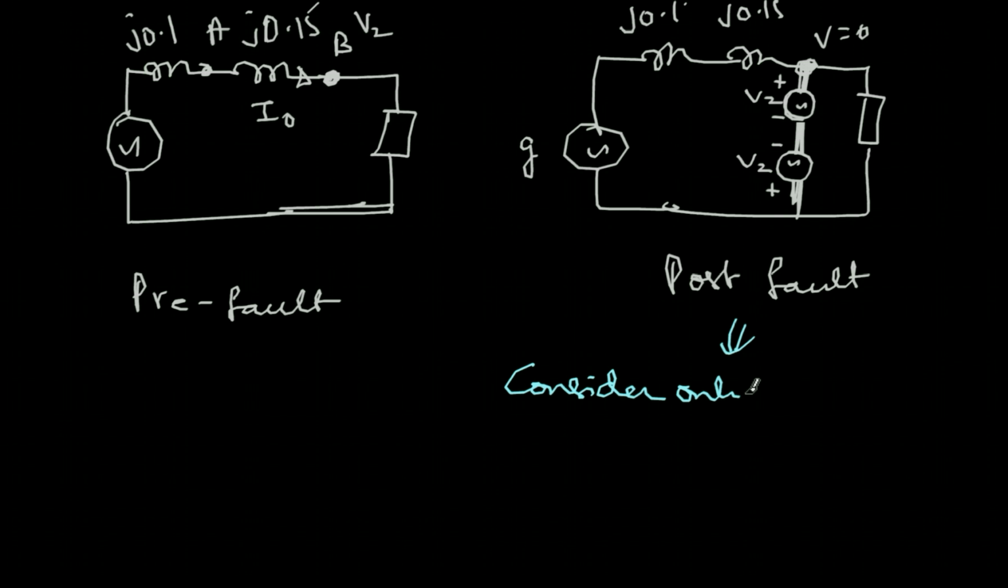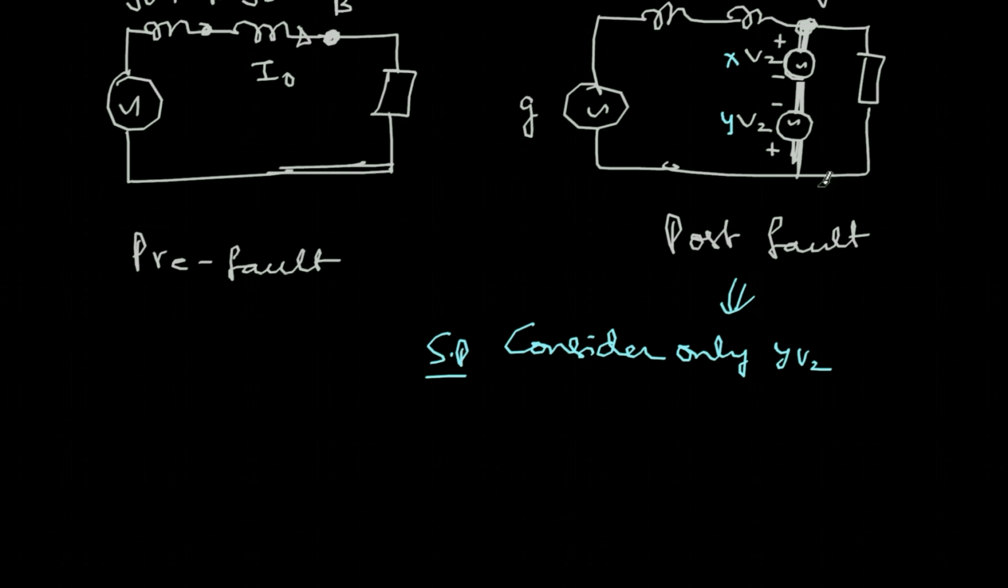Let's say this is V2, let's call these XV2 and YV2, something like that. Consider only YV2. So I'm doing superposition: one voltage source at a time you will consider. So I'm only considering this, and this is short circuited.